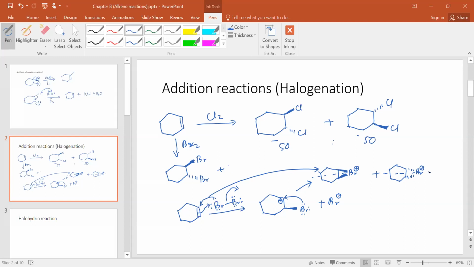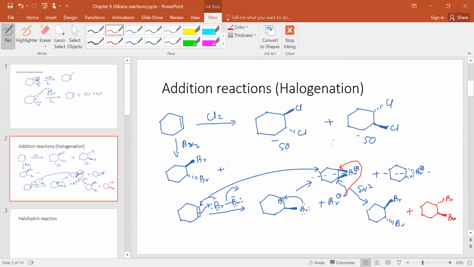So what happens now, the bromide can add to this carbon, and this is an SN2 reaction, so it will go from the opposite side, and this will be the product. Now if the bromide ion reacts with this other carbon, another enantiomer will form, so this bromine will go below and this will go above.